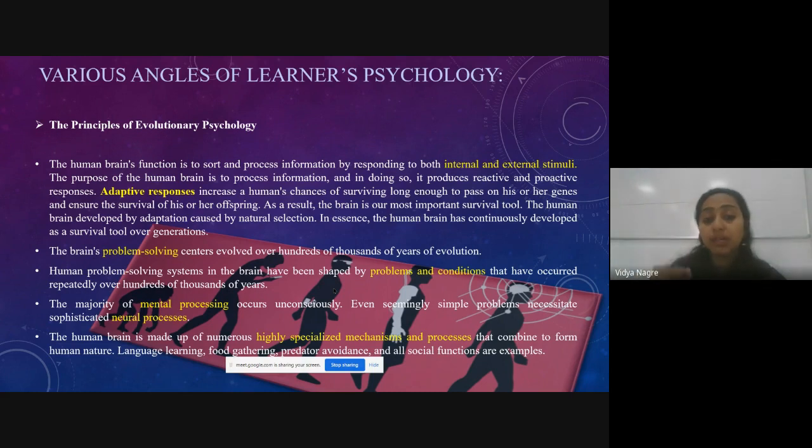So this adaptive response itself triggers the problem solving attitude. Whatever condition the human being is in, the first reaction is how to sort out this problem, how to find out the remedies, because the human brain naturally reacts as a survival tool. So survival instinct is naturally there in the human being. We have to understand this first.